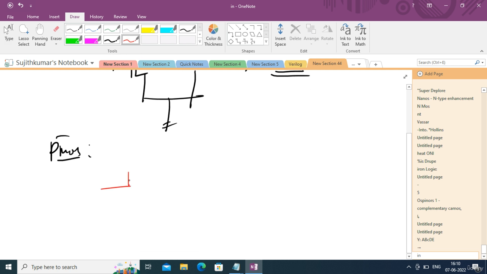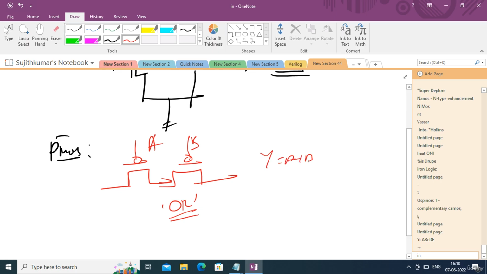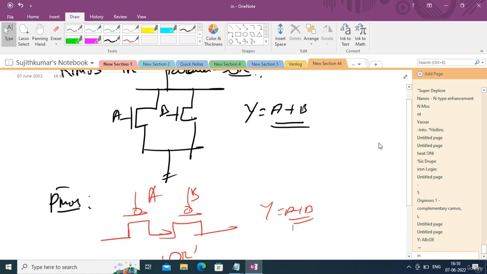So when you connect two PMOS in series, that will become OR operation, and the output will be A or B. So understand that when you connect two NMOS transistors in parallel, that becomes OR operation. And since in PMOS you are taking the dual, converting parallel to series, when you connect two PMOS transistors in series, that becomes OR operation.